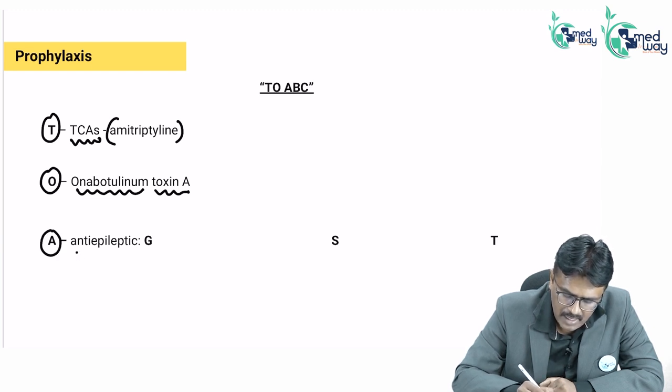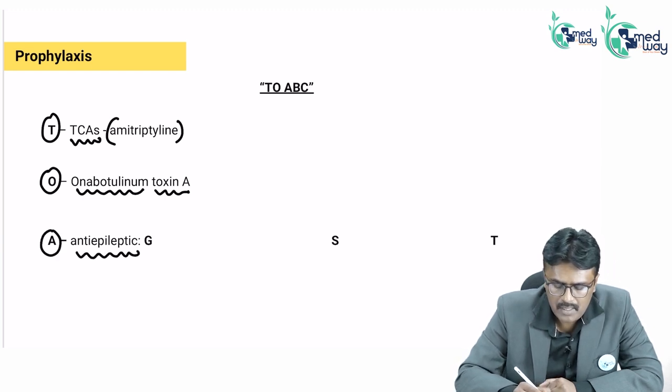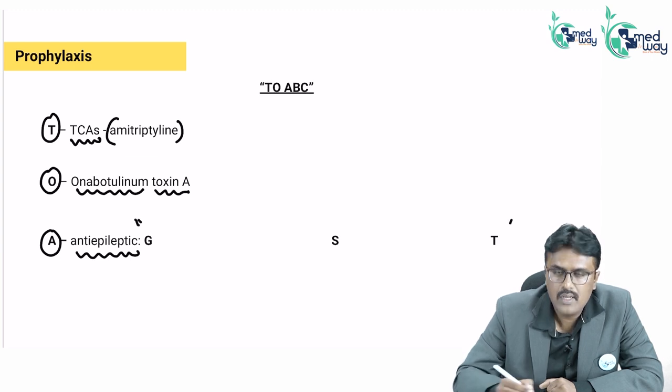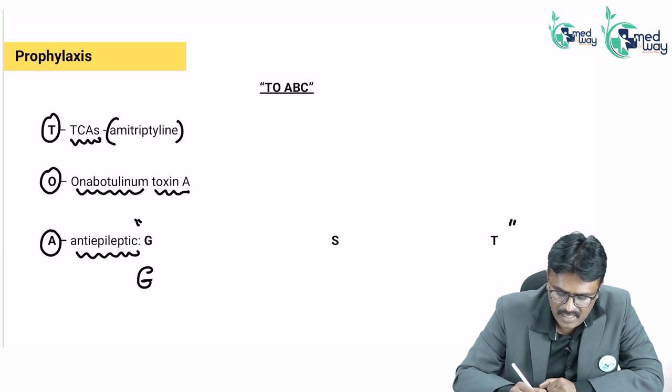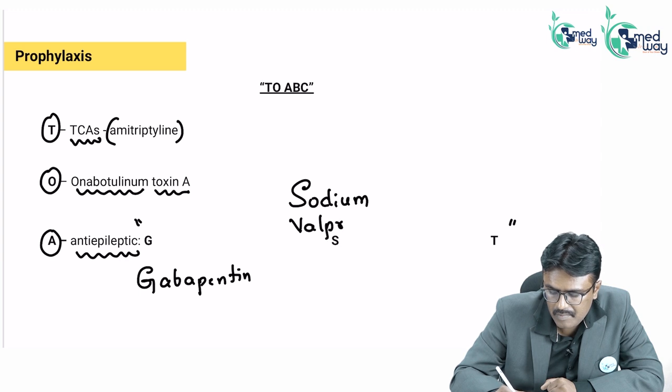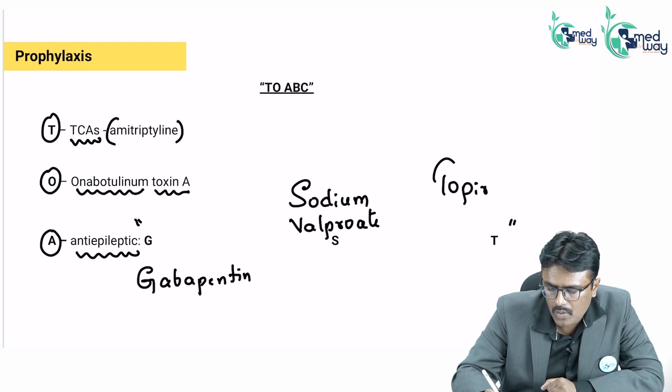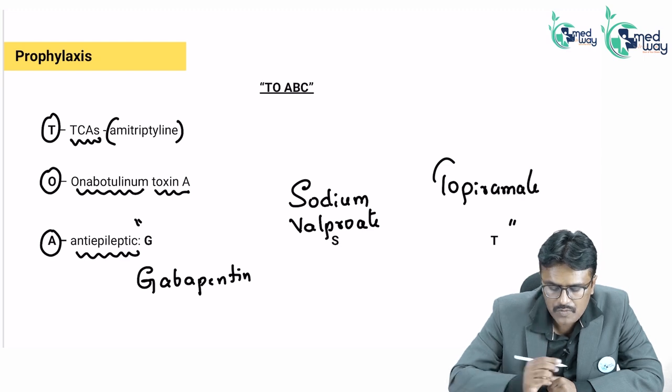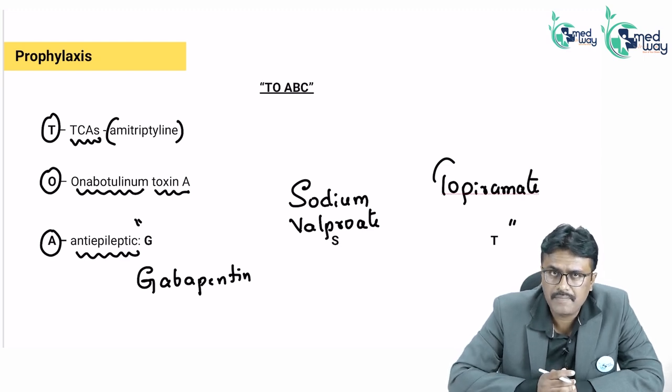A stands for anti-epileptic drugs. Remember the mnemonic GST drugs. You know what GST is, but this is gabapentin, S stands for sodium valproate and T stands for topiramate. So these drugs are used for prophylaxis of migraine.